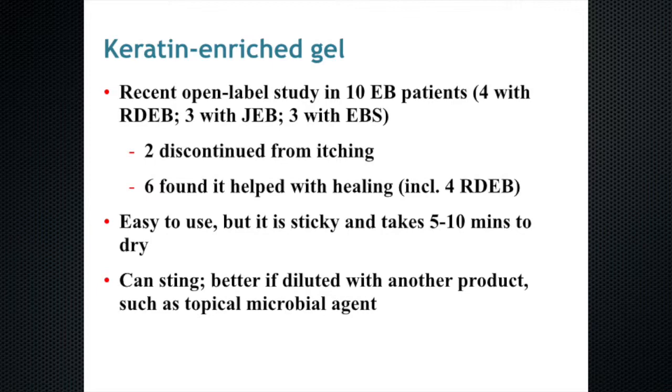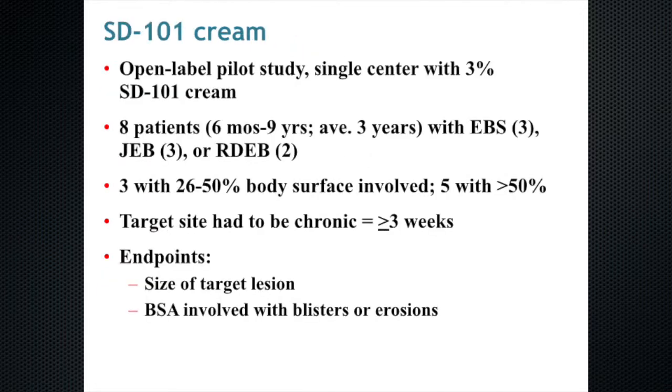And then finally, I'm going to just mention SD101 cream. I know Dr. Ryan gave you a talk earlier in the meeting about this project. This is an agent that's currently in trials right now, but I had the privilege of participating in an open-label, single-site study at our center, and I just wanted to show you some of that.